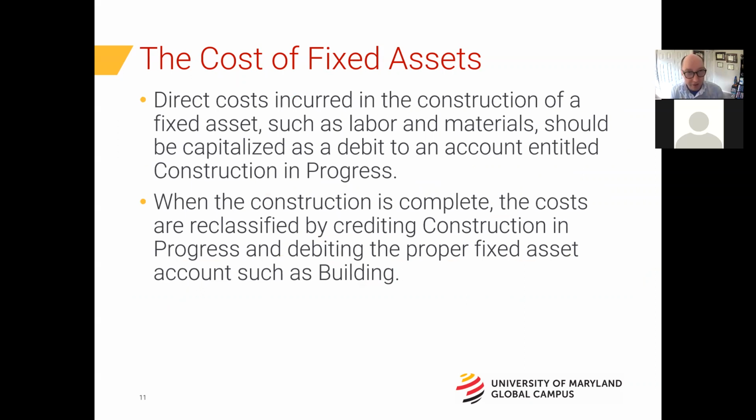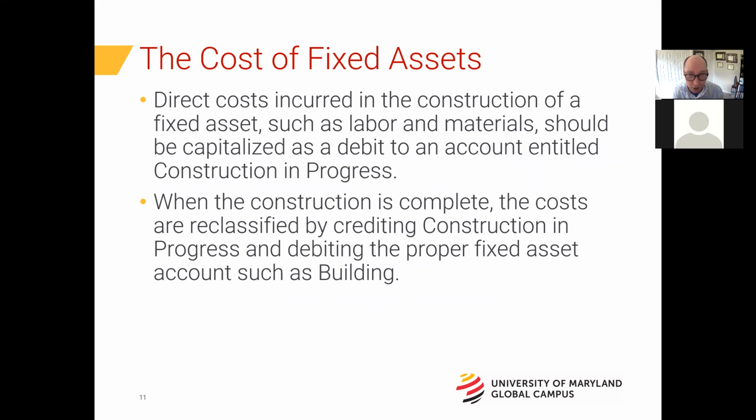The cost of a fixed asset relates to the direct costs incurred by that asset, such as acquisition, materials, labor, and any other capitalized cost. In the example of putting up a building, there's a cost of construction.